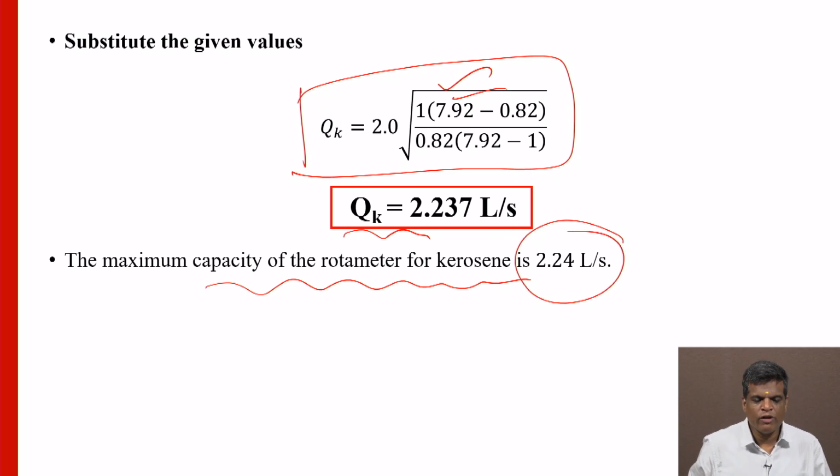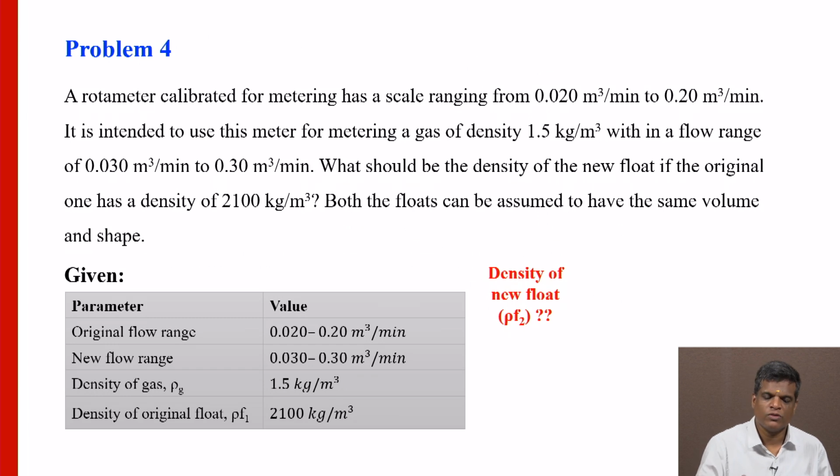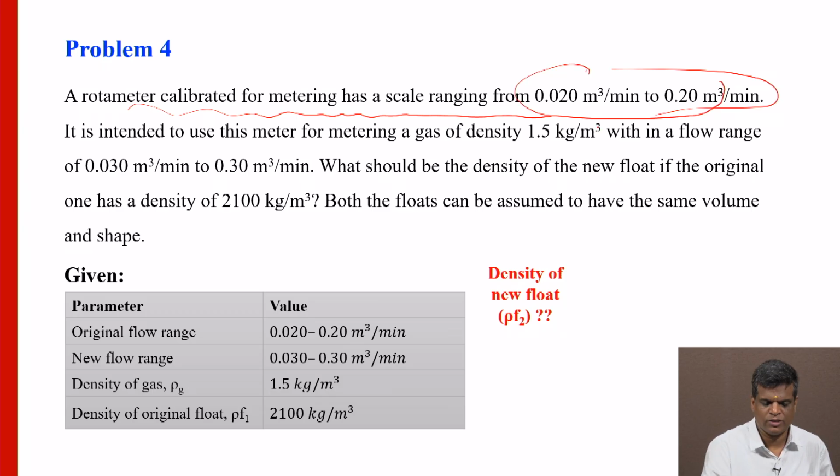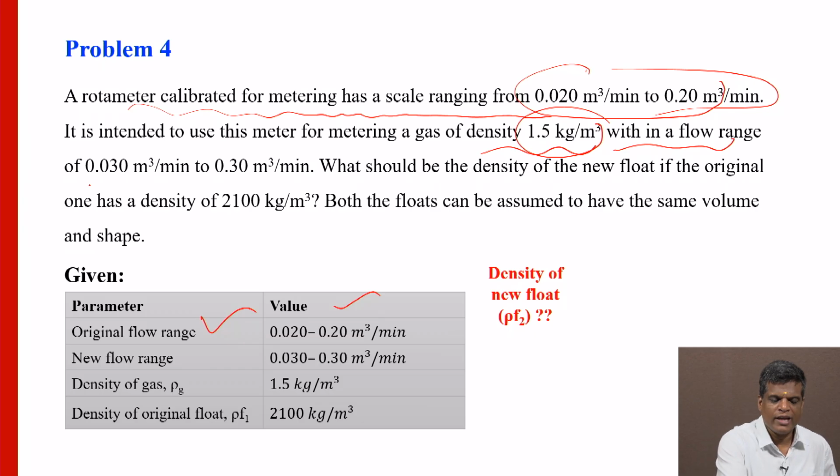Okay, now we will move to another problem, the last problem. A rotameter calibrated for metering has a scale ranging from 0.0 to 0.02 meter cube per minute. The original flow range is 0.0 to 0.20 meter cube per minute, and the gas density is 1.5 kg per meter cube.